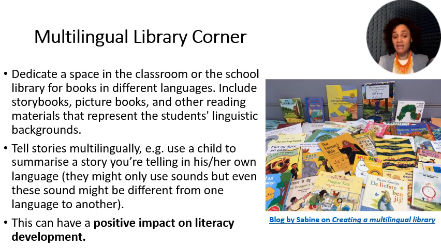What you can use as well is multilingual storytelling, which we've been talking about as part of this teacher training toolkit. You can, for example, use a child in your classroom to summarize a story that you've told, and summarize it in their own language.